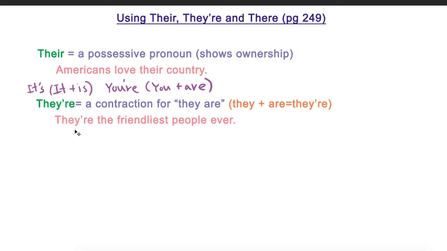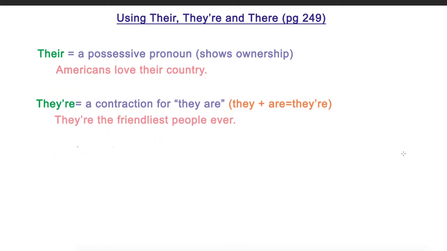An example sentence is they're the friendliest people ever. So if I'm able to replace there with they are and the sentence still makes sense, then I know to use they apostrophe re. Instead of saying they're the friendliest people, if I change it to they are the friendliest people, that still makes sense. So I would use they apostrophe re.